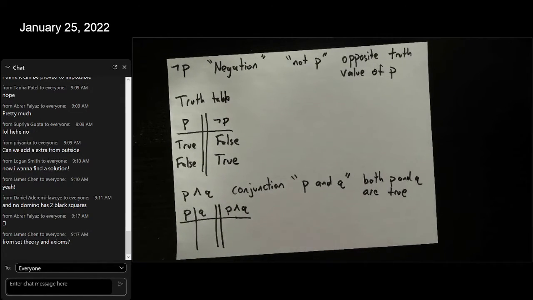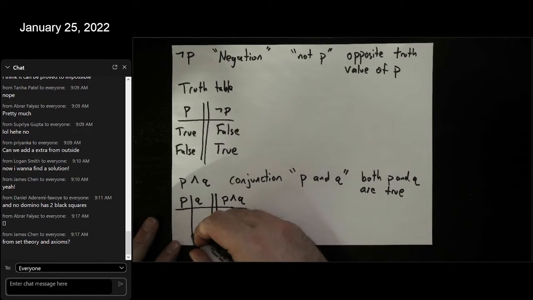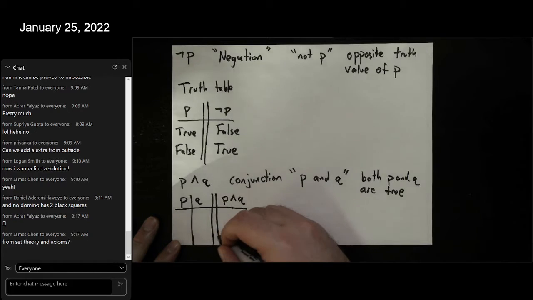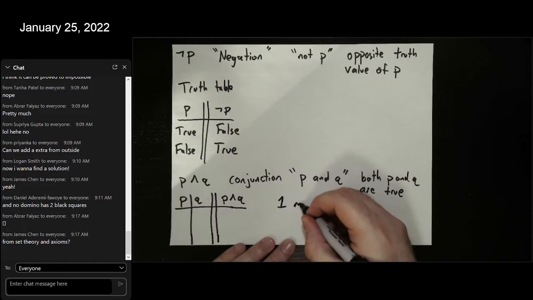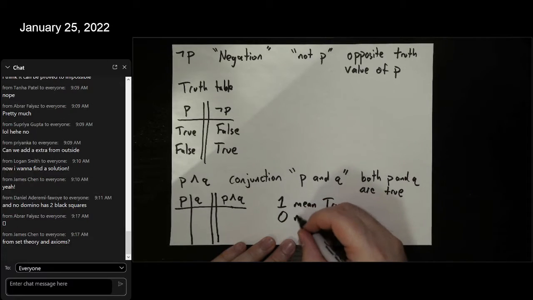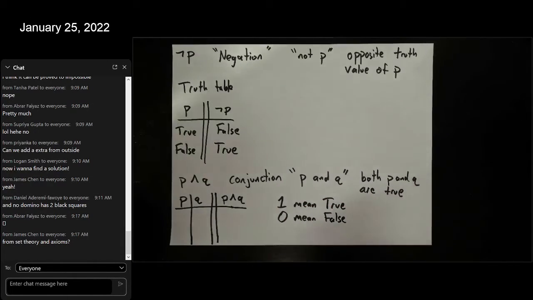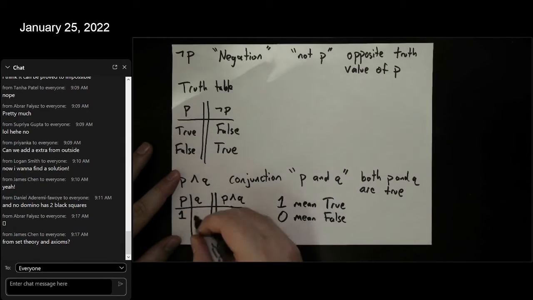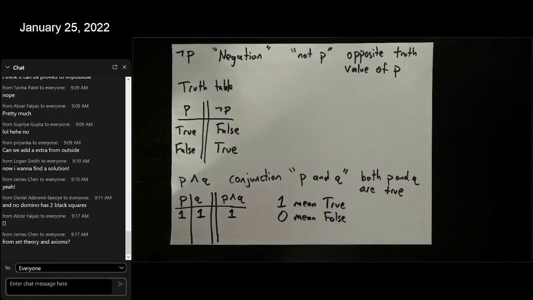And if I have to write out true and false a whole bunch, it's going to be a lot of work. One of the running themes I'm going to talk about a lot in this class is that mathematicians are lazy, so frequently we write 1 to mean true and 0 to mean false. So if P is true and Q is true, then P and Q is also true.